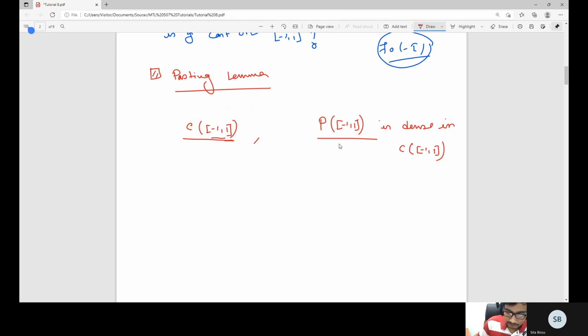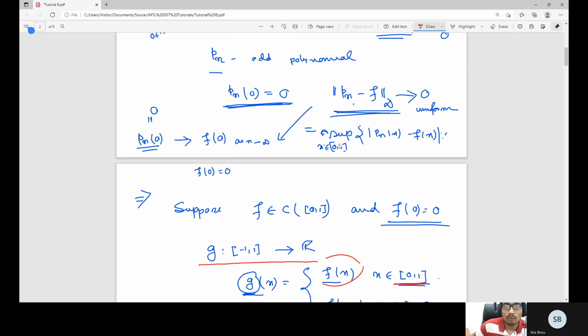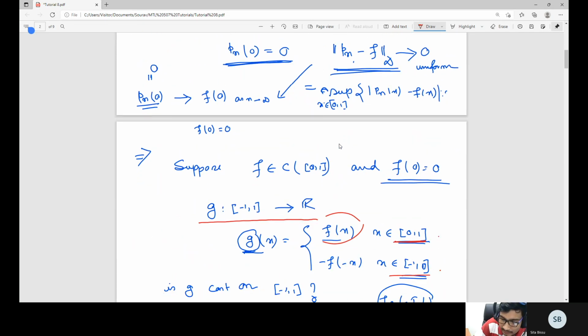Okay. So now you have a function g here, and it is given that this is dense in C[-1, 1]. And what is our aim? We have assumed that f belongs to C_0[0, 1], and we want to prove that there is a sequence of odd polynomials.